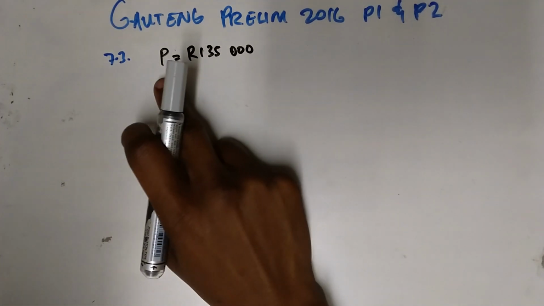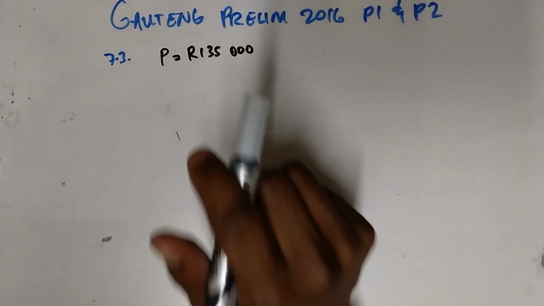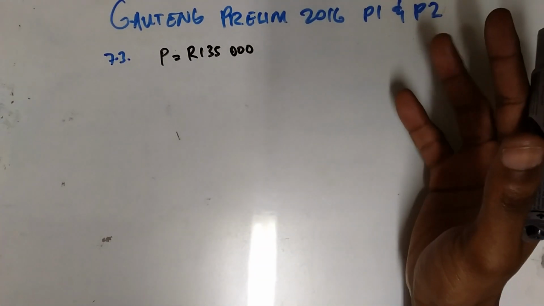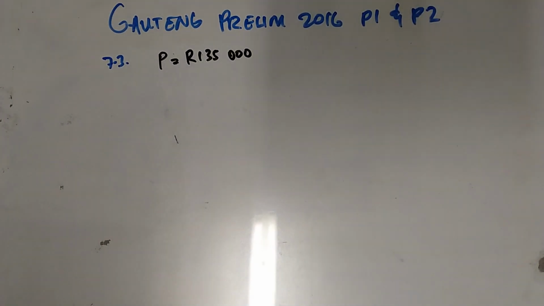So that's why I'm saying that the present value, the money that she has now, is 135,000, because she took a loan. When that loan is approved, they give you the money immediately. And now they say that she wishes to pay back the loan in 18 equal monthly payments starting 3 months after she received the loan.